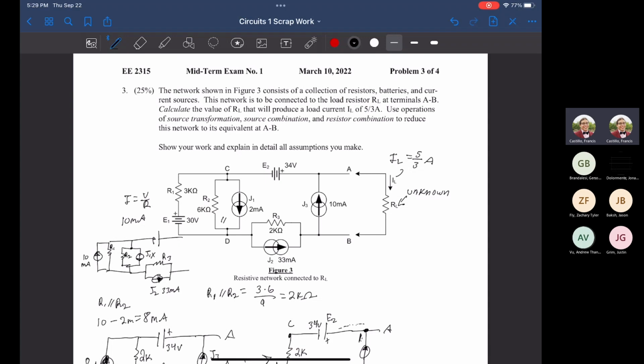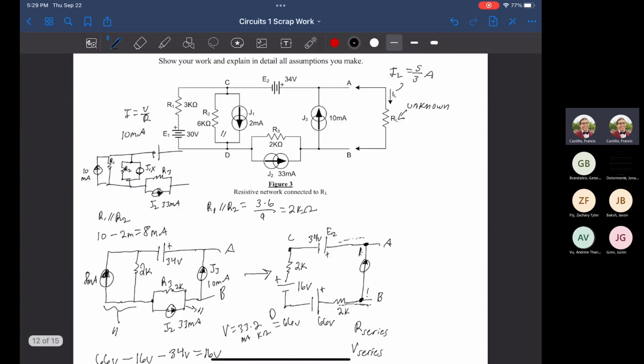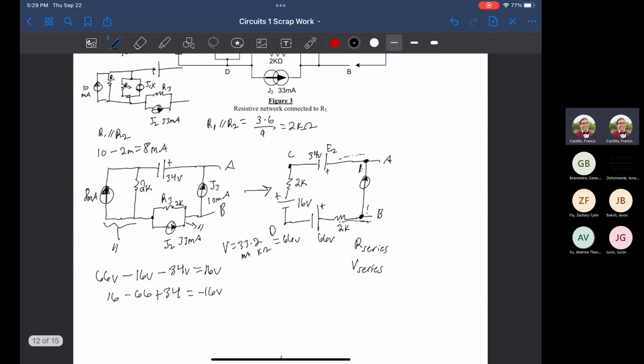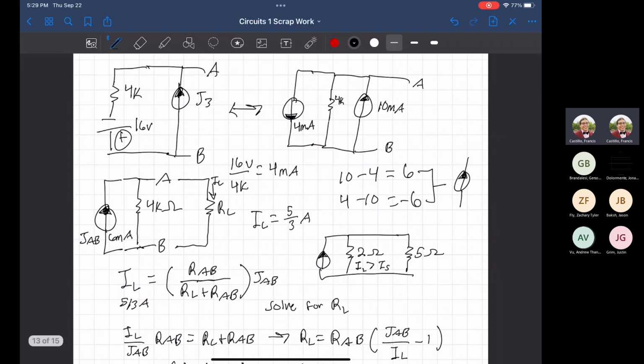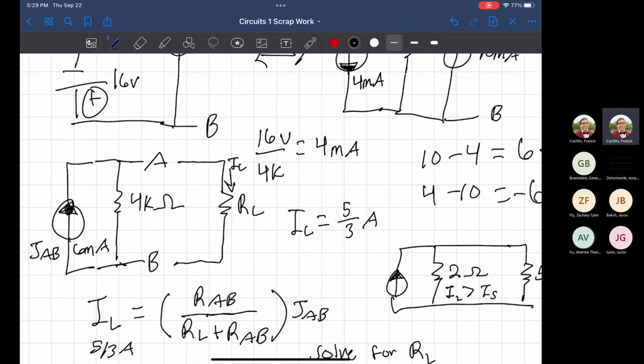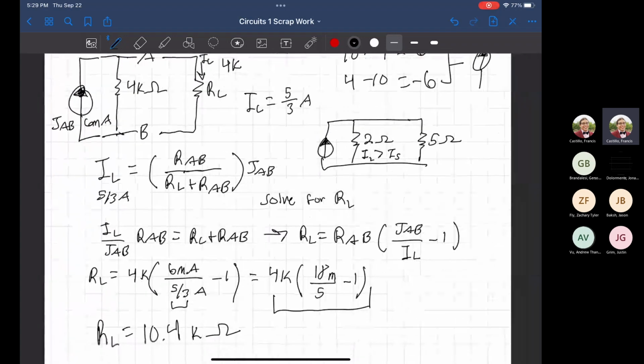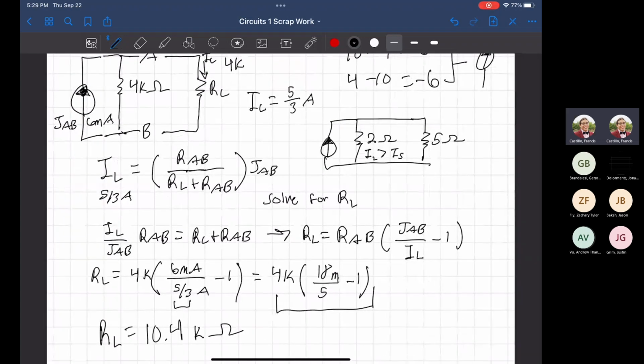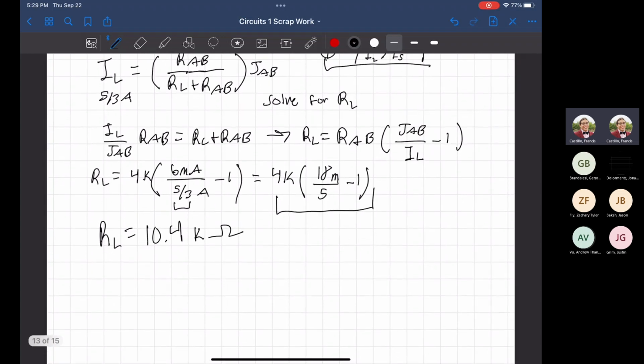We did various source transformations and resistor combinations to condense it down to an equivalent circuit right here. And then using our current divider formula, we solved for our RL value to be 10.4 kilo ohms. Do you guys have any questions for me?